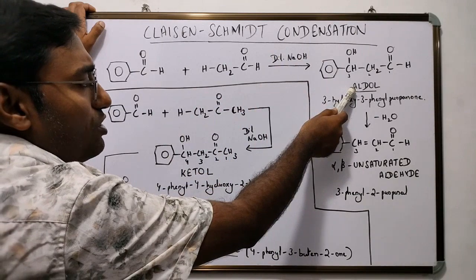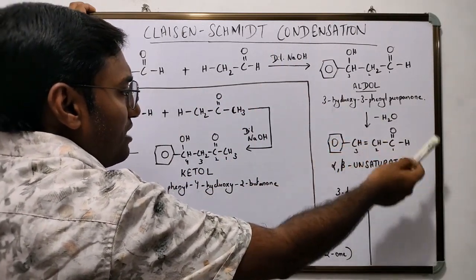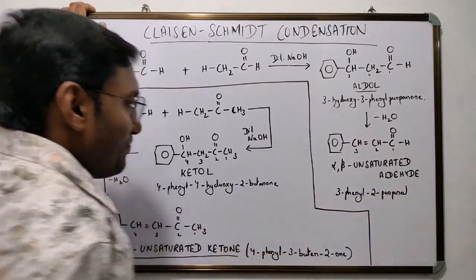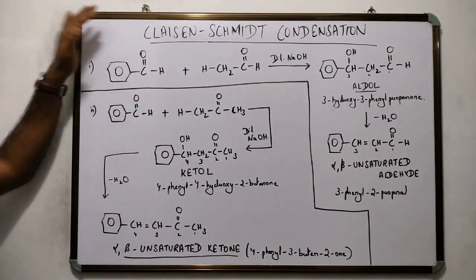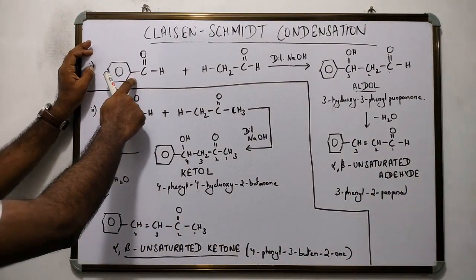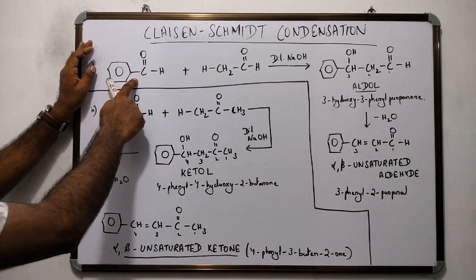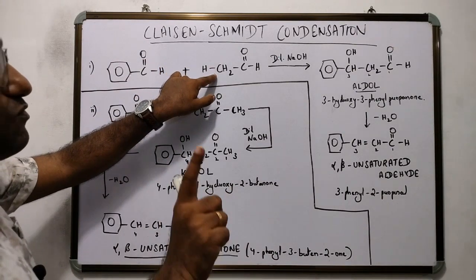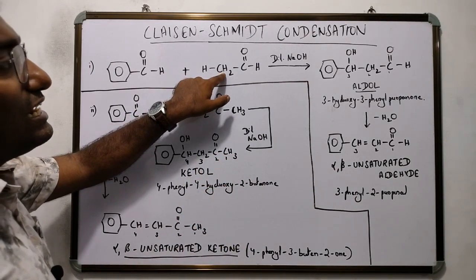The formed aldol now loses water in the step subsequent to it and forms an alpha beta unsaturated aldehyde. Now in this reaction I have used the simplest of all aromatic aldehyde that has no alpha carbon atom. This is benzaldehyde. I have used an aliphatic aldehyde that has at least one alpha hydrogen atom. This is the simplest of it, acetaldehyde.